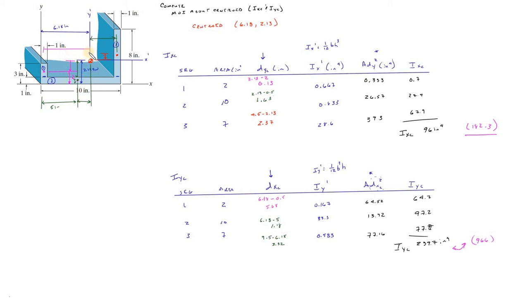It's the distances that change, right? Here we're going all the way across from the y-axis to get that distance. But now, since we're going around the centroid, it's a lot shorter distance, so we're going to get a lot smaller moment of inertia about the centroid rather than about the x-axis.